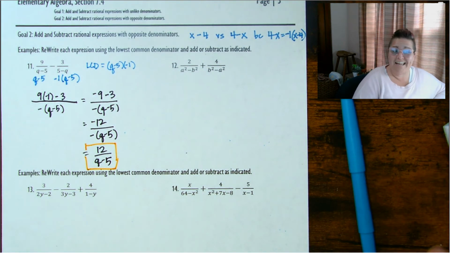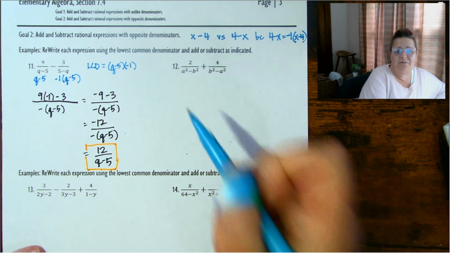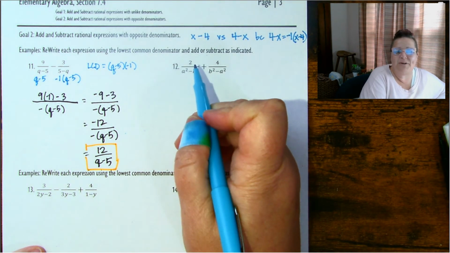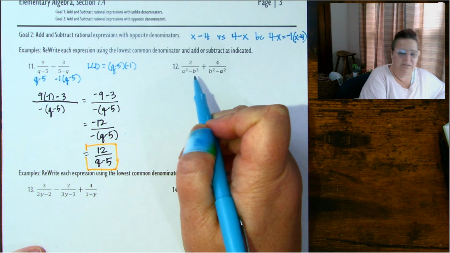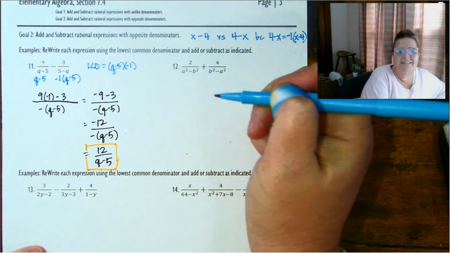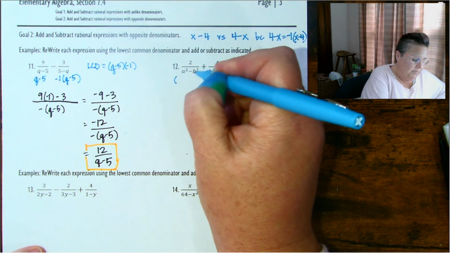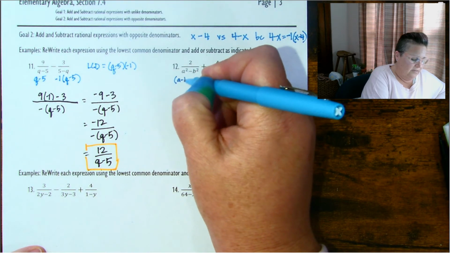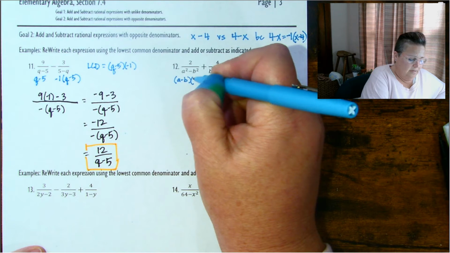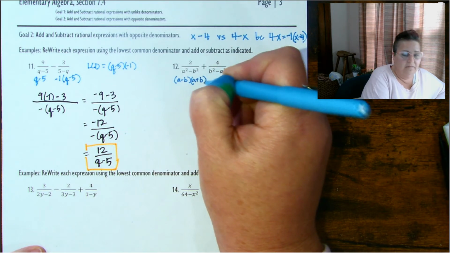Now, let's kick it up just a little bit. In number 12, with a numerator of 2, I have a squared minus b squared. Do you recognize this as the difference of two squares? A squared minus b squared is the factors a minus b times a plus b.